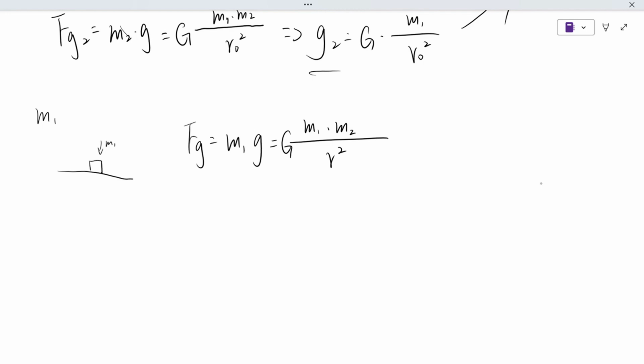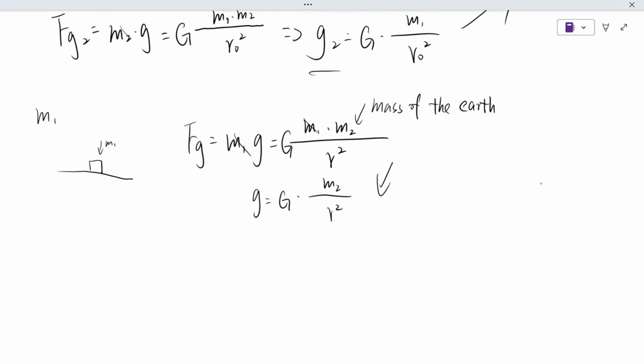And there's a mass over here, it is also the mass of the box, which we can cancel out. And this mass, m2, is the mass of the Earth. So we get g is equal to big G times m2 over r squared.